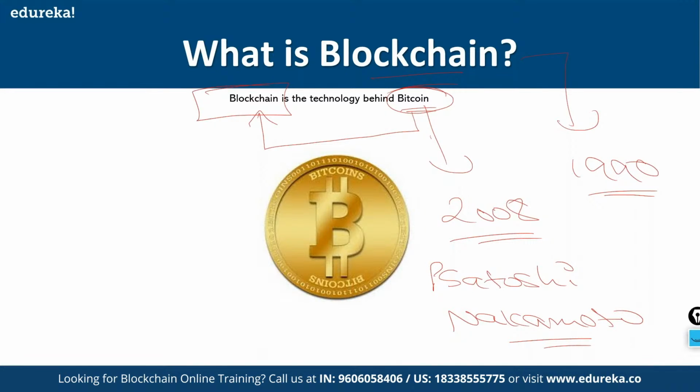But in reality, I'm talking about 10 or let me say 15 years back, people didn't know what this technology was. Once Bitcoin came into limelight in 2008, people got to know that behind Bitcoin there is something called blockchain technology. That is the reason why Bitcoin is running in a very great way.